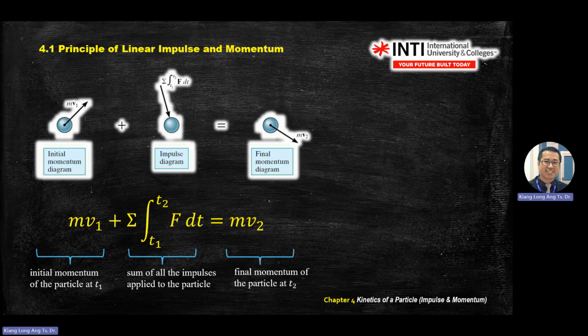This is called the impulse diagram. So this is the momentum diagram, but because it's v1, this is the initial momentum diagram. The middle one, F multiplied by t, is an impulse, so it's an impulse diagram. mv2 is the final momentum diagram. Okay, so for this chapter 4, you are required to draw this diagram in your solution. You draw this one and you write this equation, and then you fit in any information you have in the question.